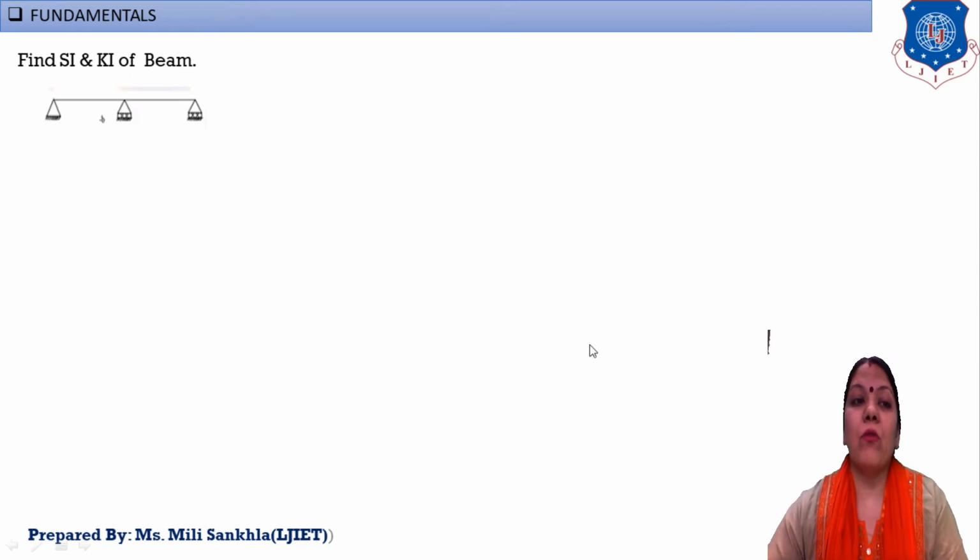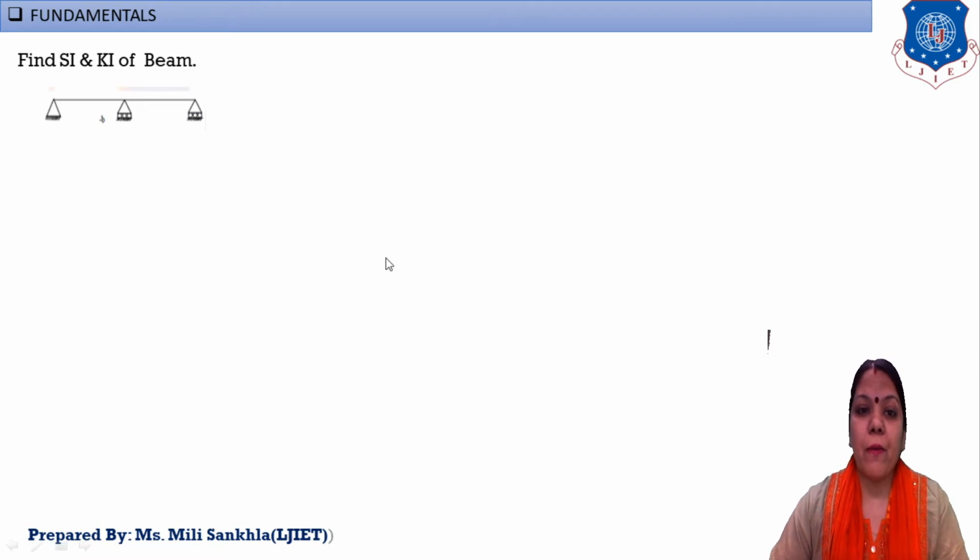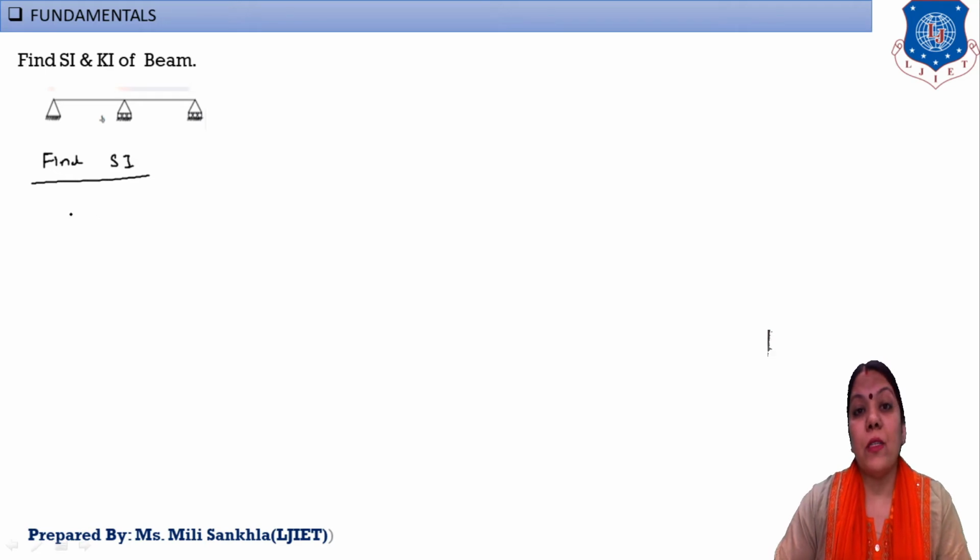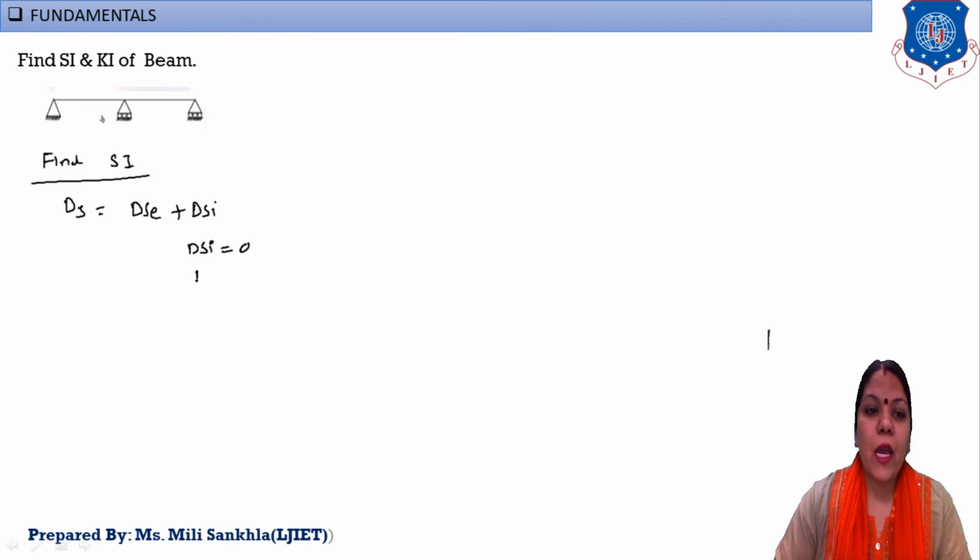Okay, find out again SI and KI for given beam. Okay, here make a heading here. First we find out SI. Find SI. Okay, now what is the equation of SI? ds is equal to dse plus dsi. For beam, dsi is equal to always 0 and dac is equal to capital R minus small r.